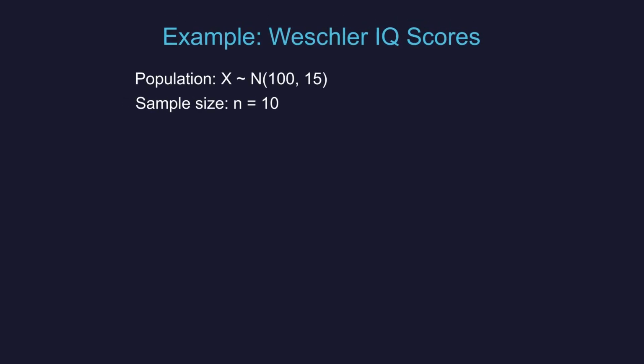Let's apply this with a real example. Wechsler adult intelligence scores follow a normal distribution with mean 100 and standard deviation 15. If we take a simple random sample of n equals 10, the standard error is sigma over square root of n, which is 15 over the square root of 10, giving us 4.7.